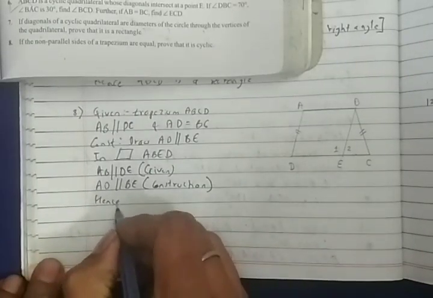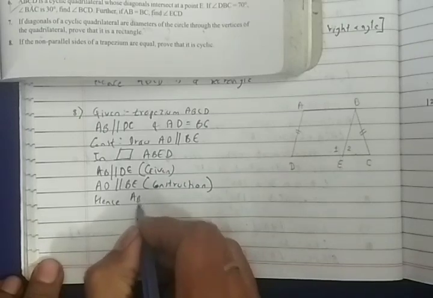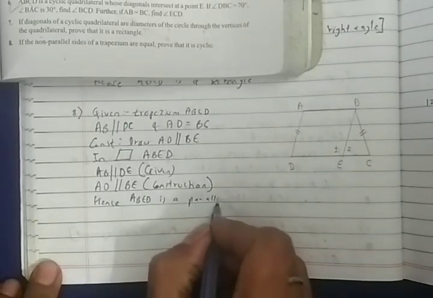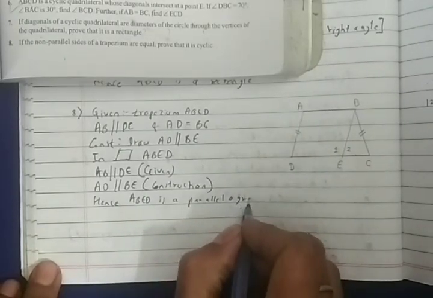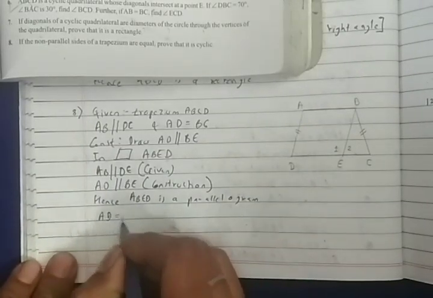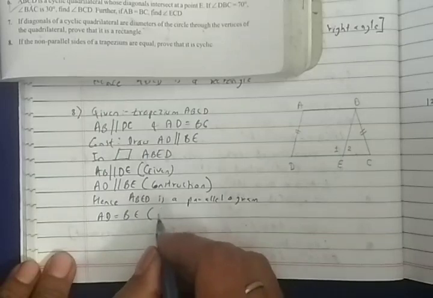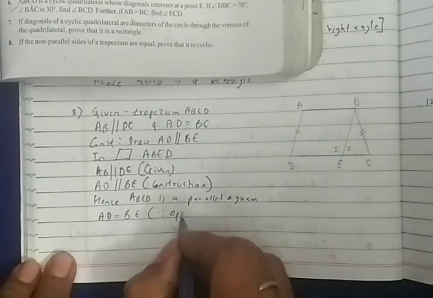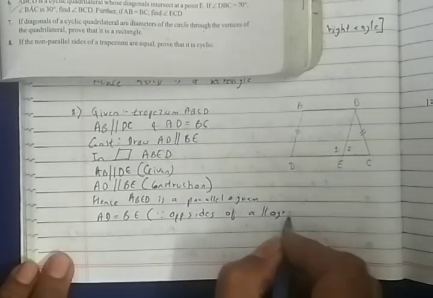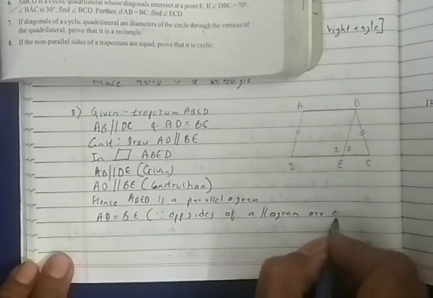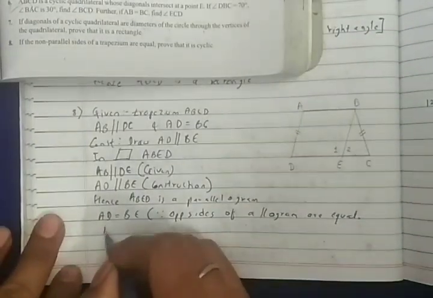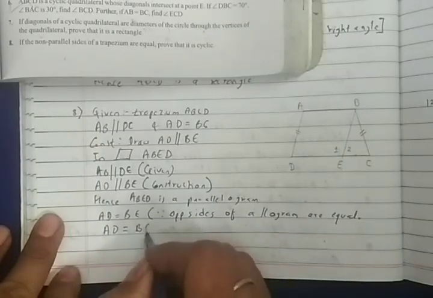Hence, we can say that ABED is a parallelogram. Opposite sides are parallel. AD equal to BE. We can say this because opposite sides of a parallelogram are equal, and it is given that AD equal to BC.